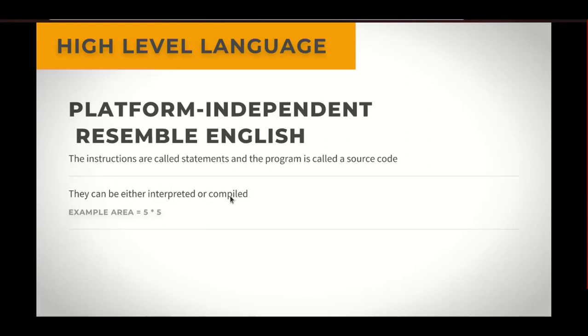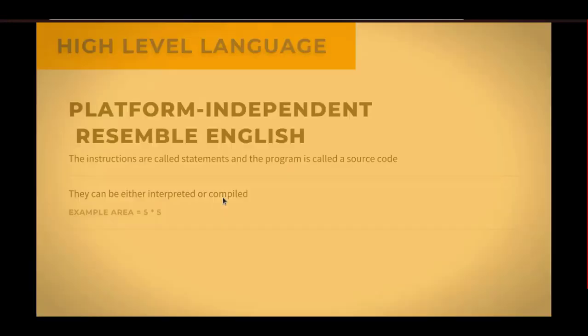Basically they translate our high level language into low level assembly code for us. The difference between interpreted and compiled languages is that interpreted languages interpret one line at a time, and compiled languages compile the whole file at once and then execute.